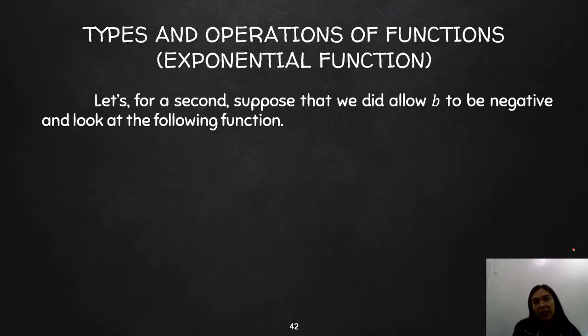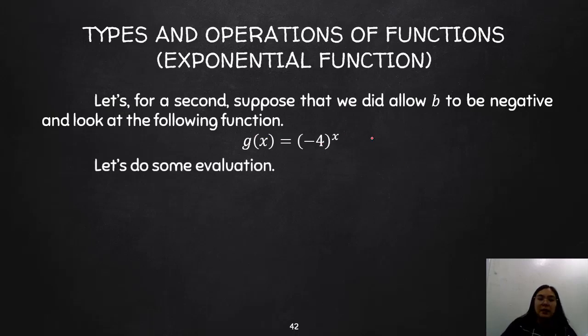So, suppose we try to allow b to be negative. So, kunyari, nilagay natin is b is equal to negative. So, g of x is equal to -4 raised to x. Doing some evaluation, kunyari your g of 2, or we get the value of your function if x is equal to 2.